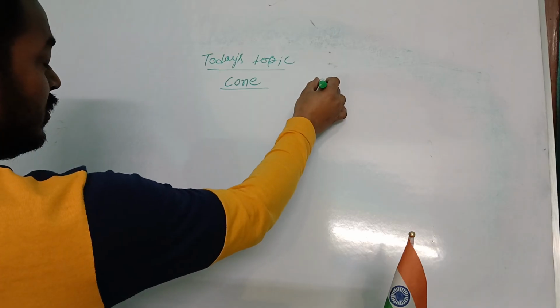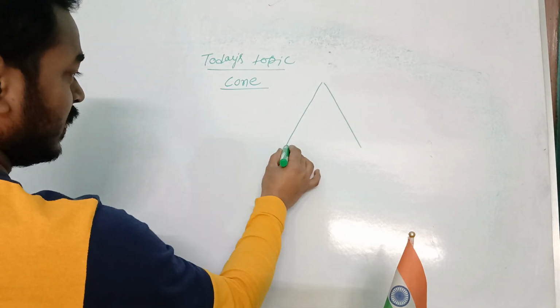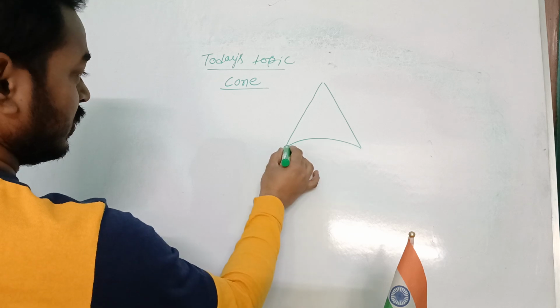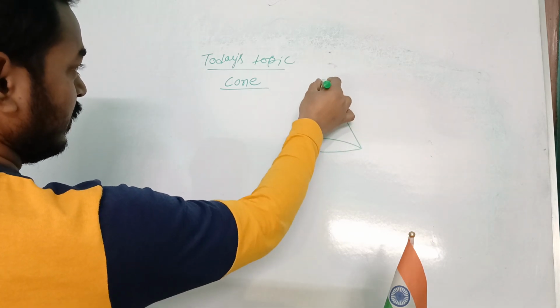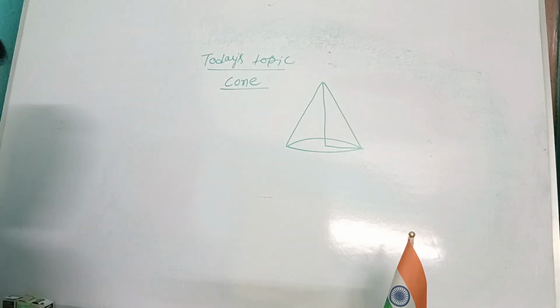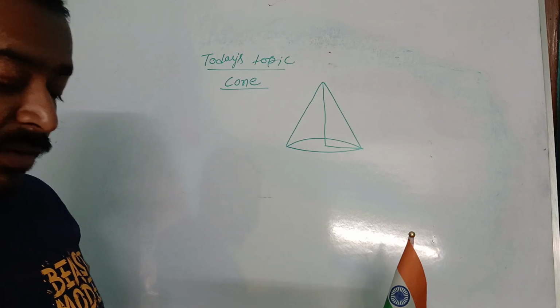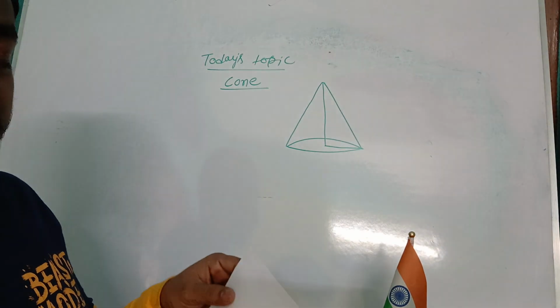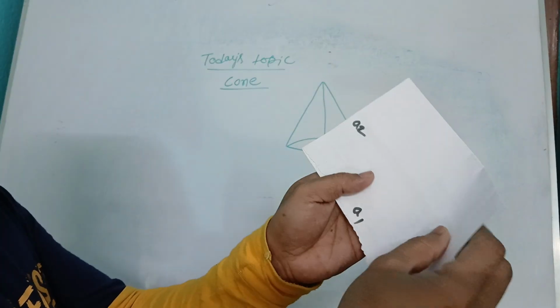So cone, this is the diagram of a cone. With the help of one paper, we can make one cone also. So for example, look, this is one paper.